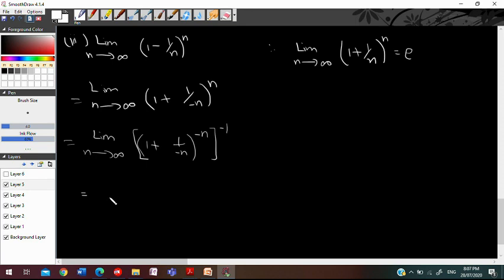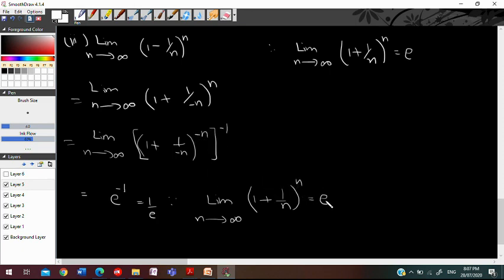Now the solution of this: we get exponent minus 1. Therefore, the limit means 1 by e, because (1 plus 1 by n) power n is equal to e. When we have a positive sign, we get exponent.